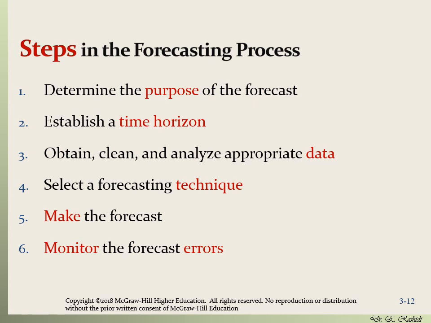Then you need to figure out the accuracy of your forecast. So you're going to work with your data to get the accuracy, because every forecast that you make should come with the accuracy degree or accuracy level. So you need to monitor the forecast errors so that you can actually revise it. You make it better. You can improve it. Or you can actually apply the result of the forecast.